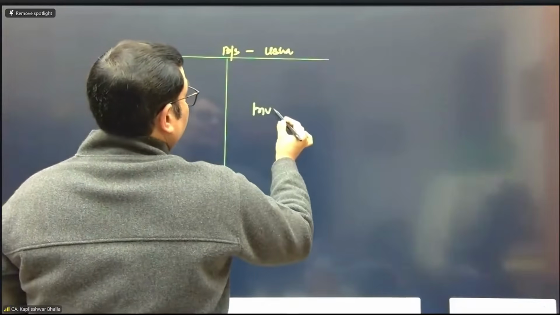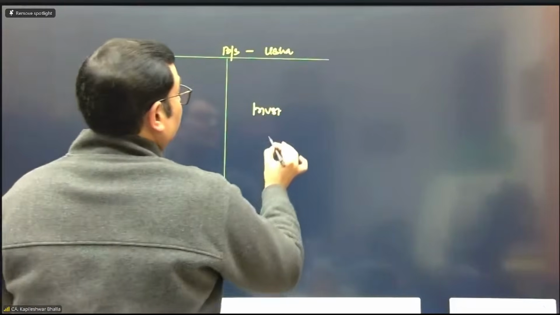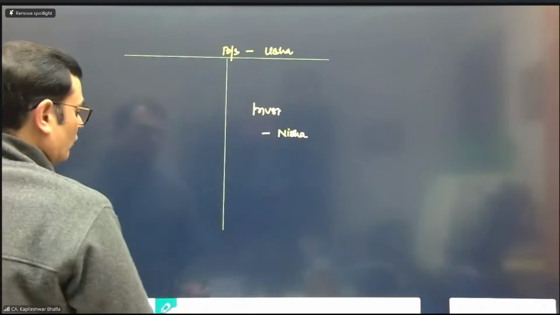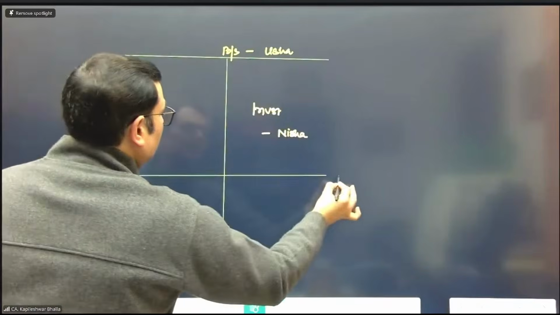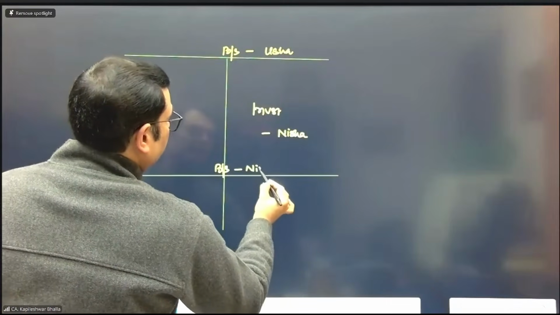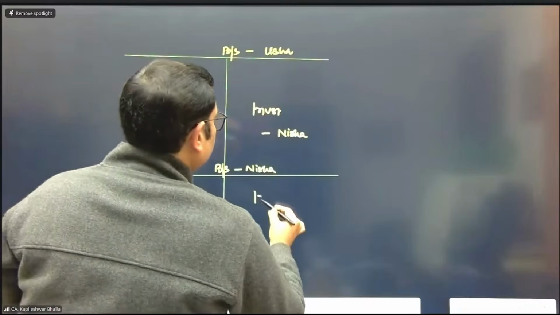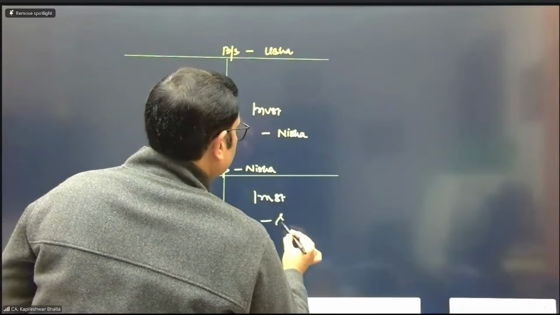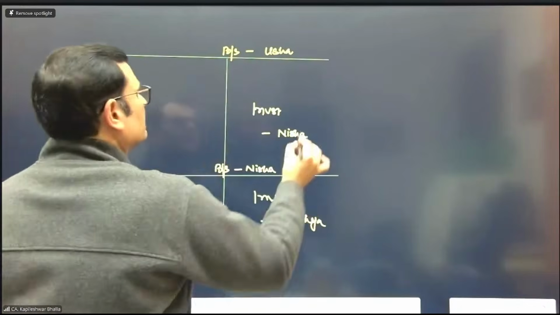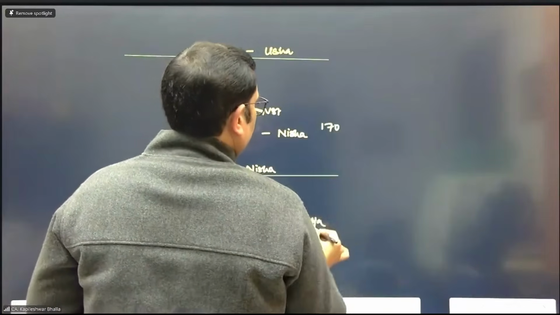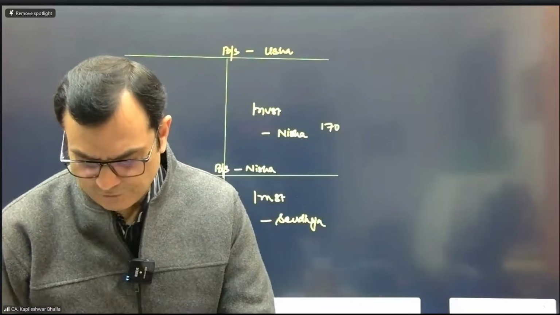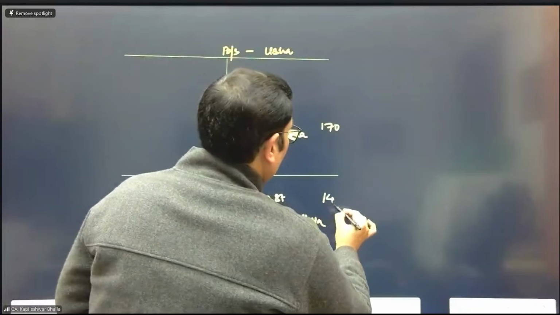There is an investment which is appearing in Nisha, and I'm also looking at the balance sheet of Nisha, where there is an investment appearing in Sandhya. And that is appearing to the extent of, I think this was 170. And I think this was how much? 140. So this was appearing at 140.